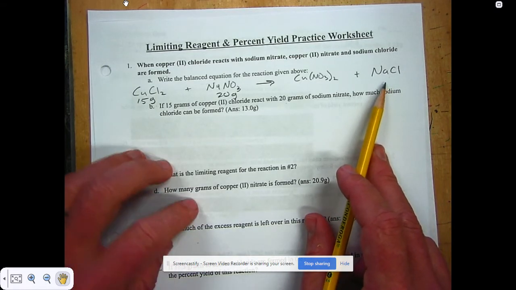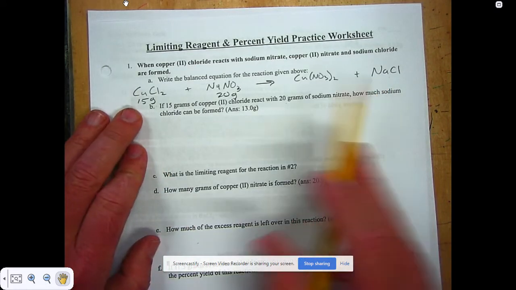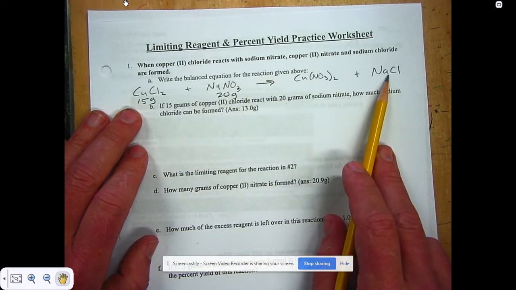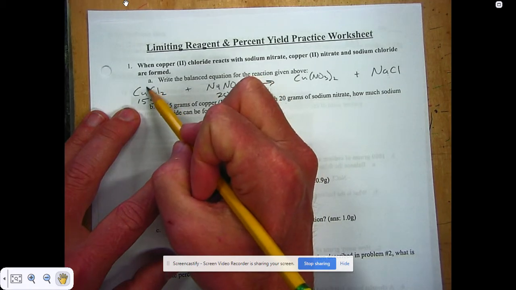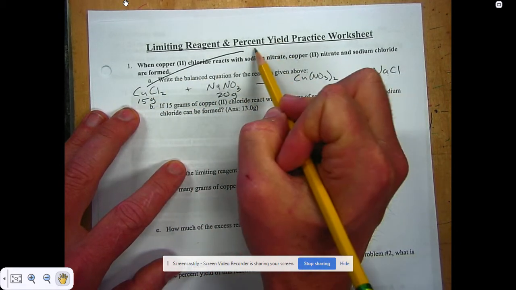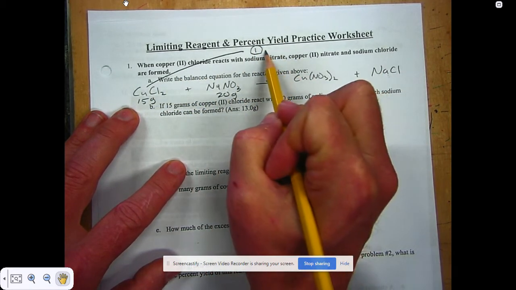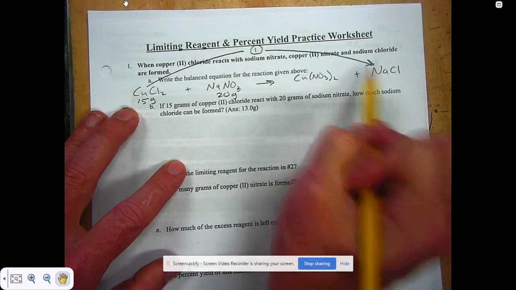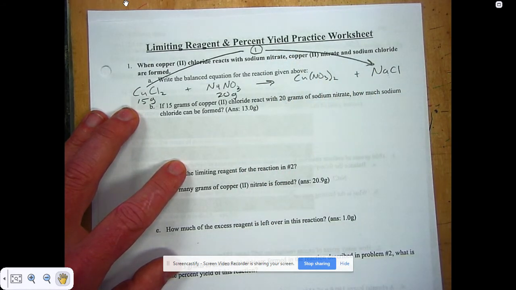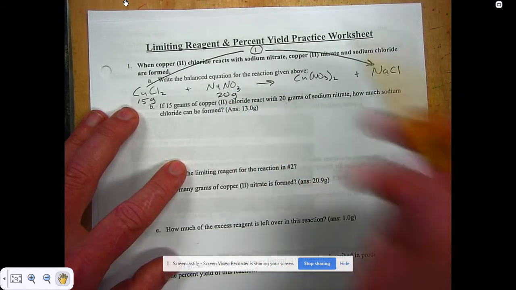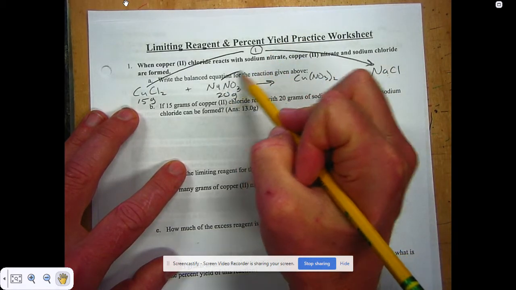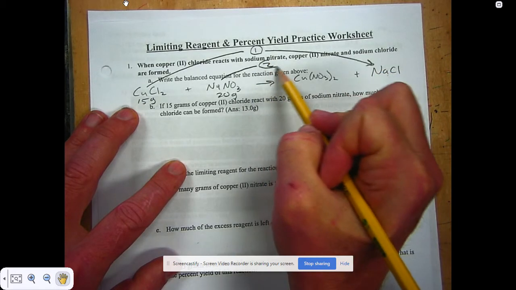So first we're going to see how much sodium chloride we can make with 15 grams of copper 2 chloride. And then the second thing we're going to do is figure out how much sodium chloride can be made with 20 grams of sodium nitrate. So we're going to do that second.